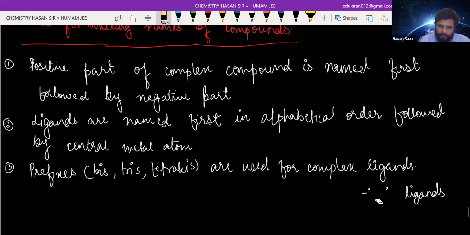Let me know when you are done with the third point, or if you have written the fourth, don't erase this.